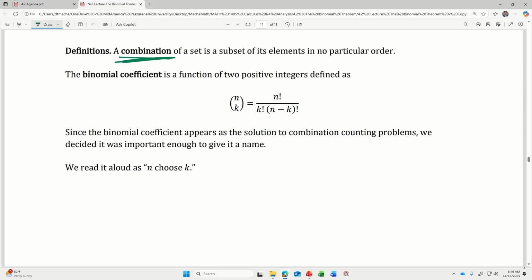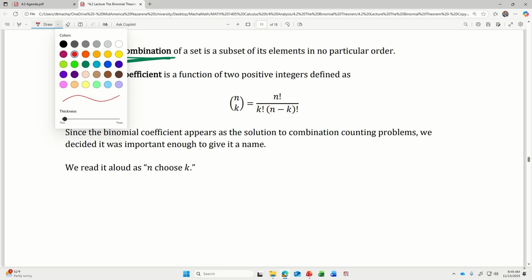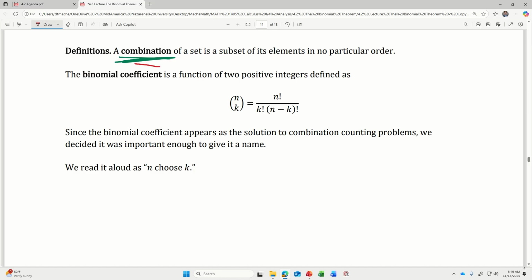Whenever we do the math, we call the math part the binomial coefficient. And this is what it looks like. Notice this is not a fraction, so don't write n divided by k.